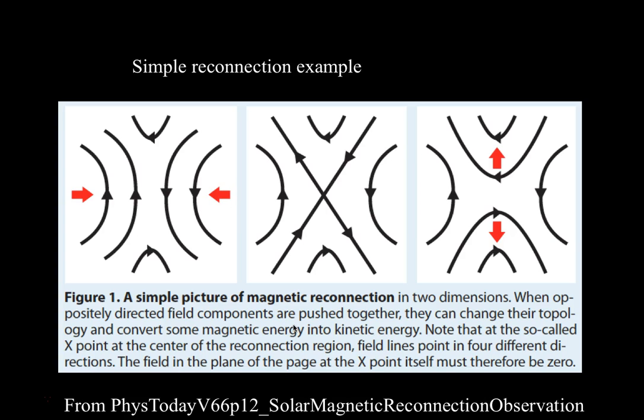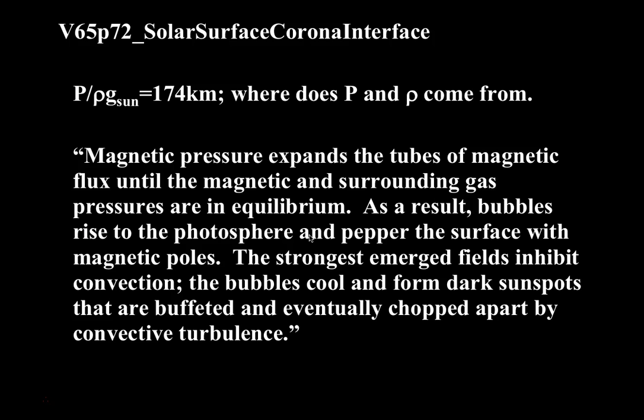This type of theorization and measurements are continuing all the time. This is from Physics Today, not too long ago, volume 66, and they talk about theory on magnetic reconnection in 2 dimensions in the corona associated with some of these field lines.